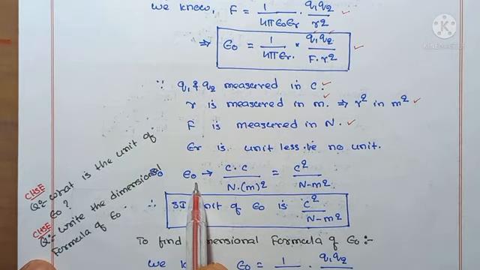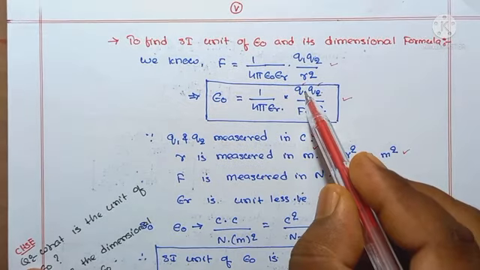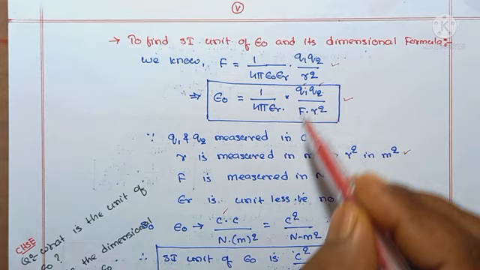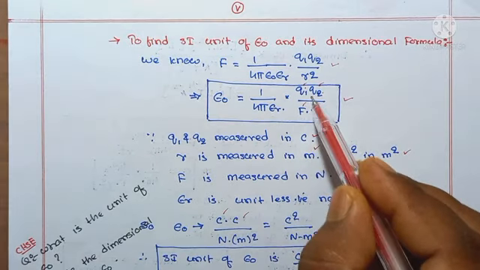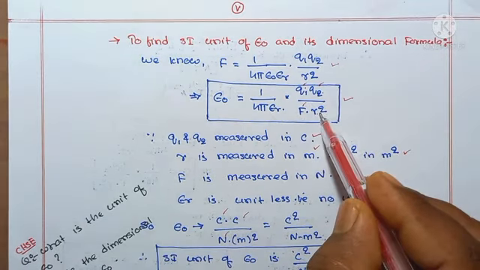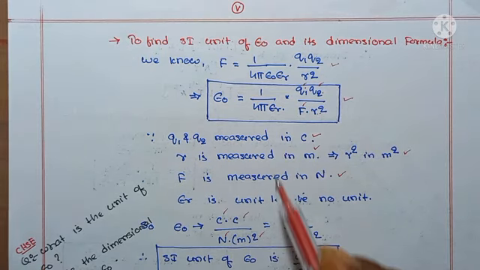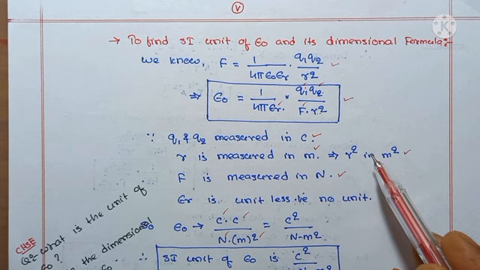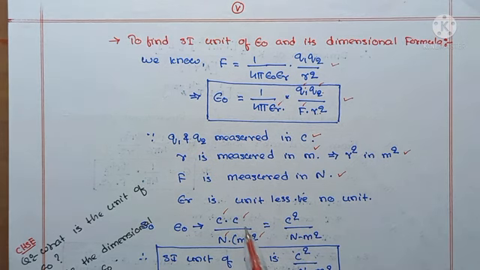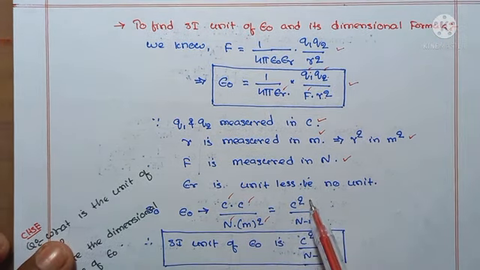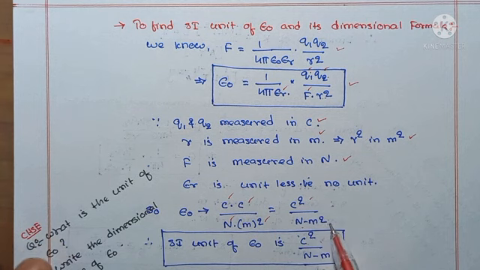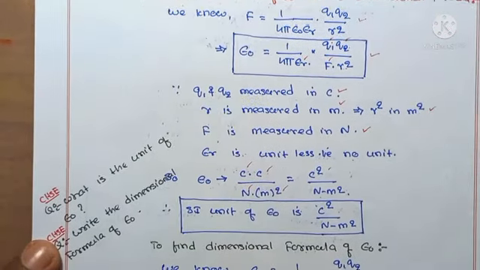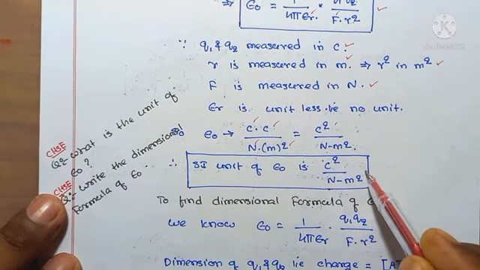So in epsilon 0, Q1 is measured in coulomb, Q2 in coulomb, force in Newton, distance square in meter square, and epsilon r is unitless. Therefore after simplification we will get the unit coulomb square by Newton meter square. So the SI unit of epsilon 0 is coulomb square by Newton meter square.